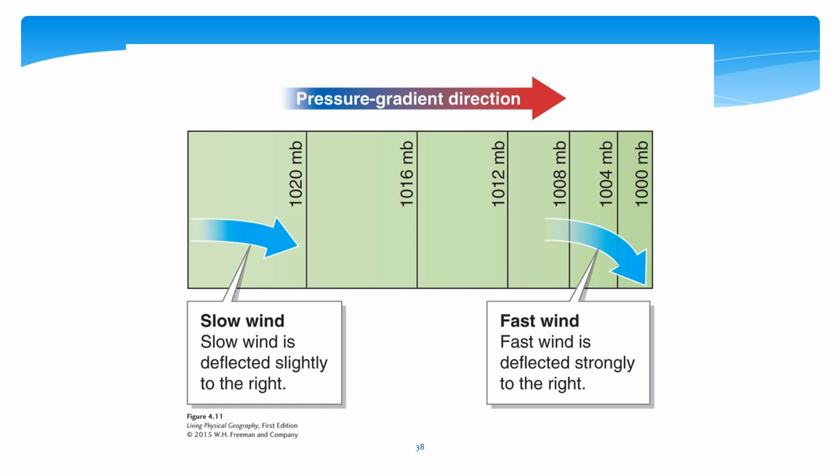The other thing is that as the motion of whatever object we're talking about, in this case air, speeds up, that is also going to increase the deflection to the right. So slower wind is going to deflect slightly to the right as it moves from high to low, and faster wind is going to deflect much more strongly. This is where we get our spiraling in those high and low pressure systems. We'll get into that a little more in just a little bit.